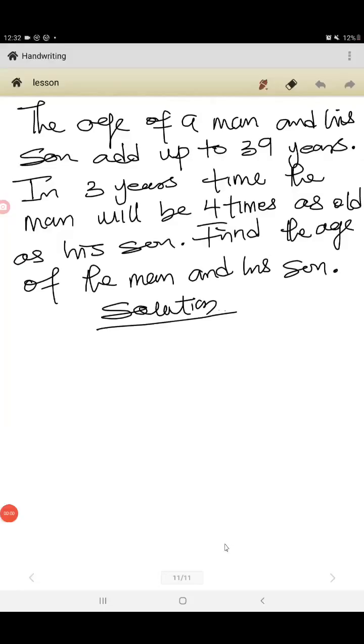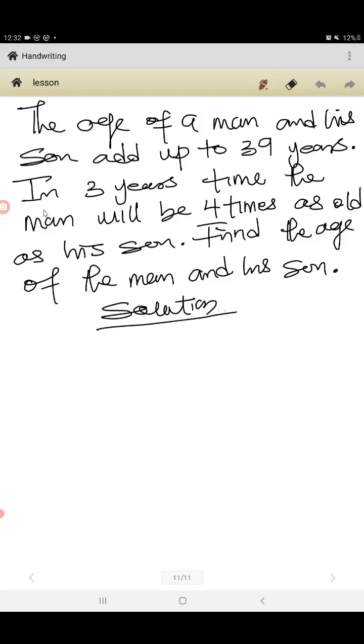The age of a man and his son add up to 39 years. In 3 years' time, the man will be 4 times as old as his son. Find the age of his son.